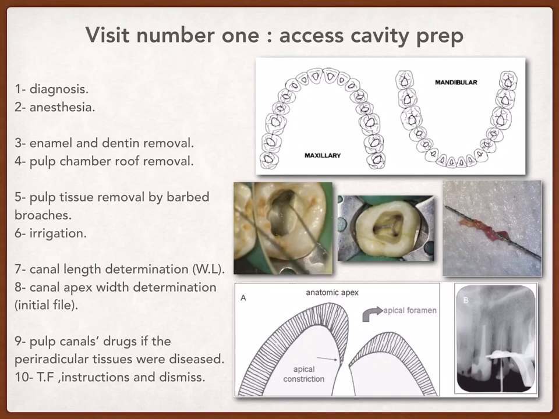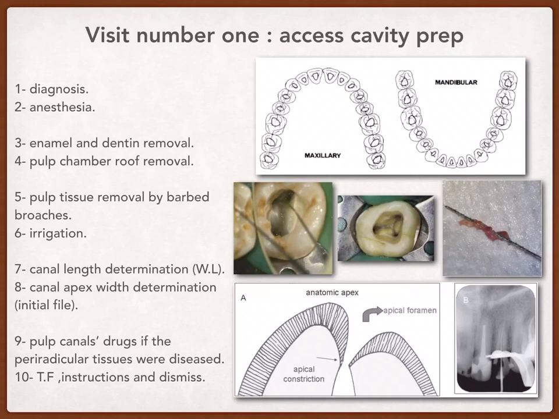But I want to indicate something here, which is that it is not always that the file will reach the radiographic apex, and that is because of the normal anatomy of the root canal system. As you can see here in the lower picture A, there is something called an apical constriction, and another thing that is called the apical foramen.